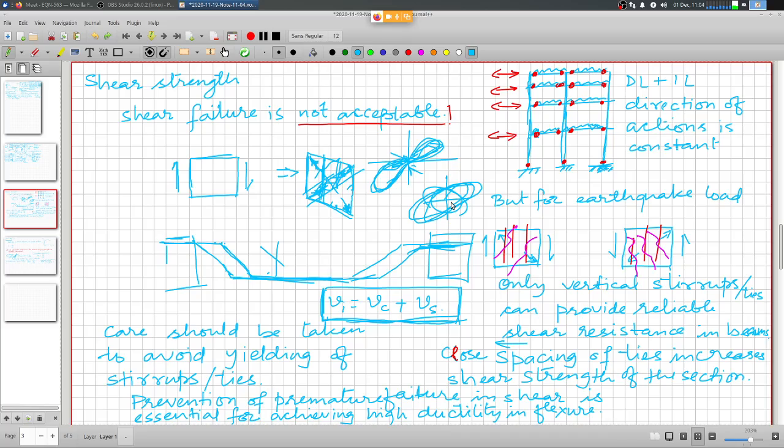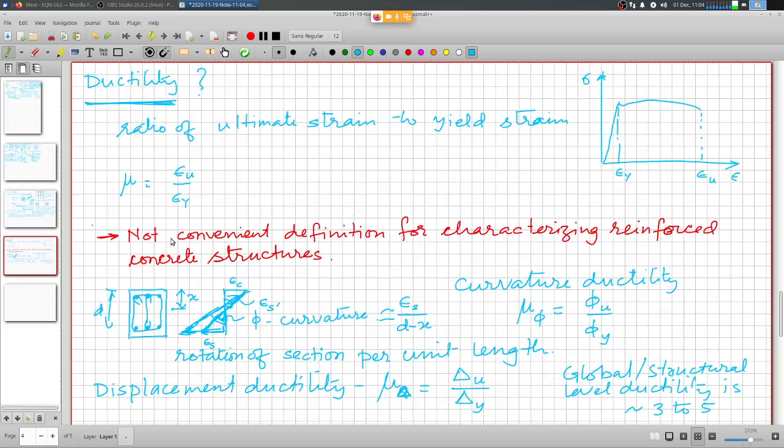And that's one more quantitative reason, or performance reason, for not allowing lateral ties to yield.